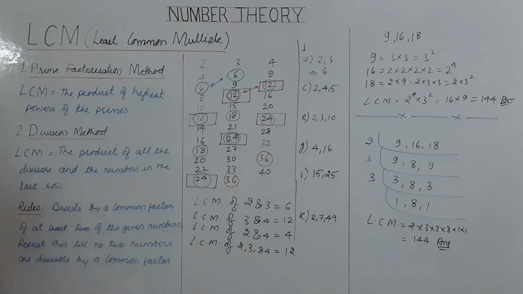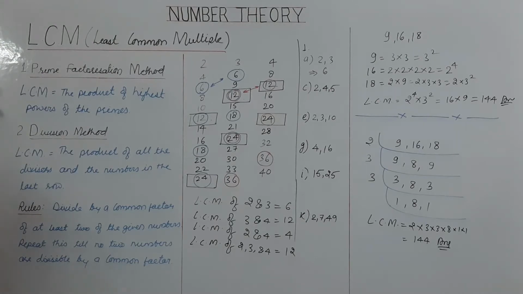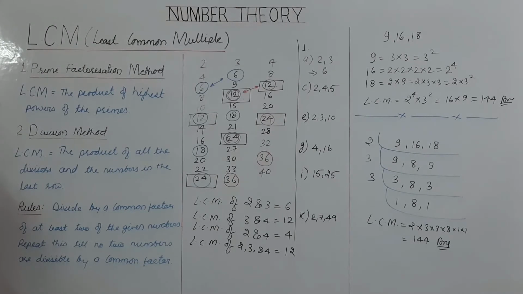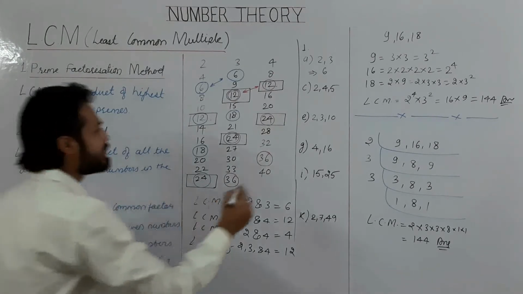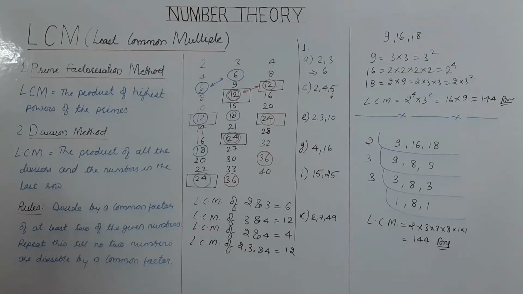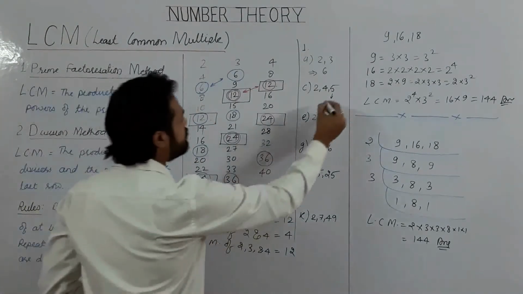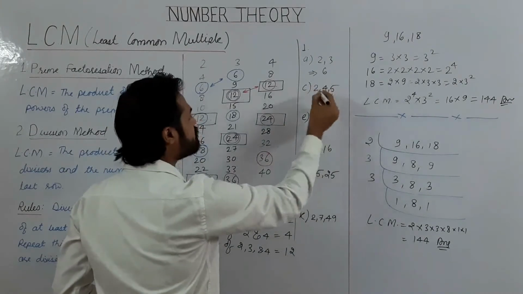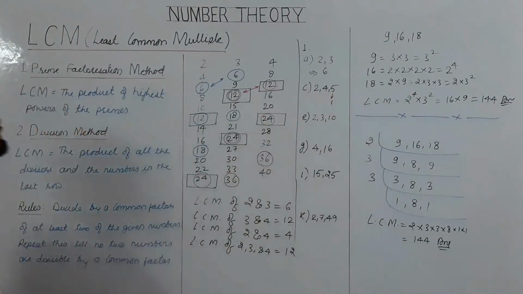Next, 2, 4 and 5. Now for finding LCM orally means you are not required to write anything, do not calculate anything, just try to answer what is the LCM of 2, 4 and 5. So what to do? Try to recall multiples of 5 and check whether coming multiples are also multiples of 4 and 2 or not.